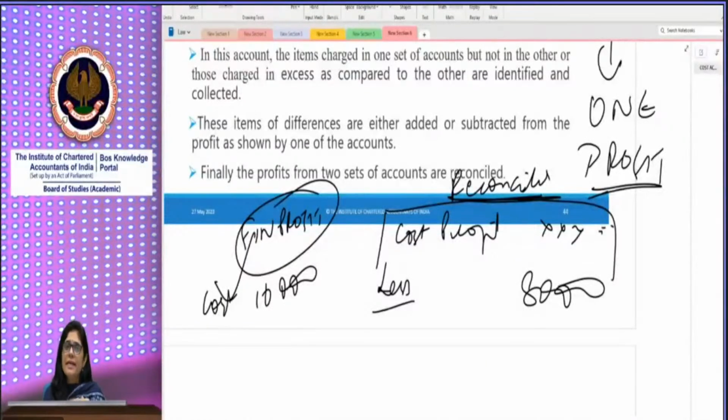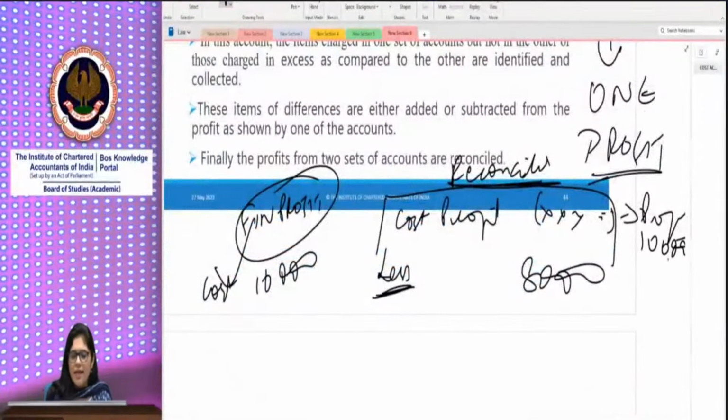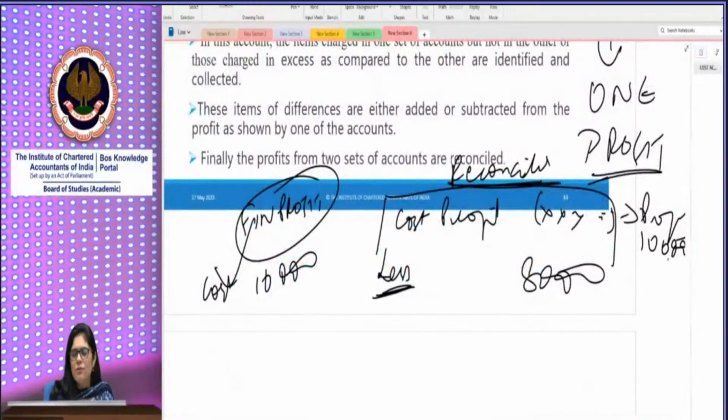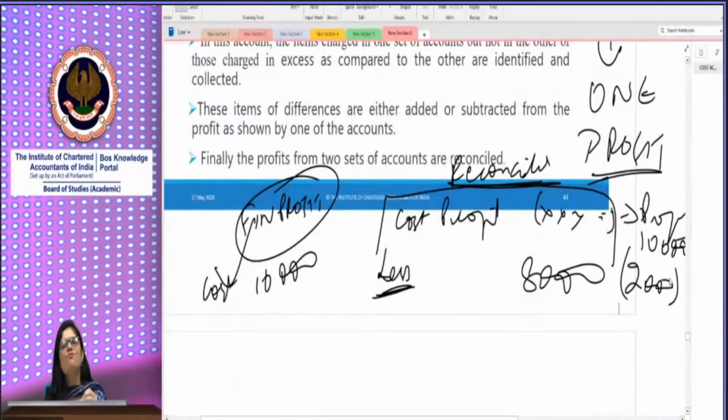If we decrease the cost, profit will increase. So if I have to increase cost, you have to subtract from the profit because this is profit. My profit will decrease if I increase the cost. So if my profit is 1 lakh, and I have to increase the cost from 8 to 10, that means I have to further deduct 2,000 from the profit. So do whatever has been done in financial profit.